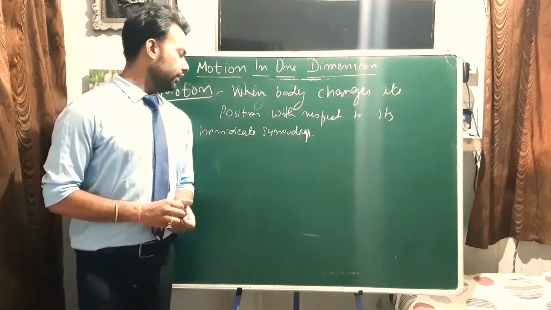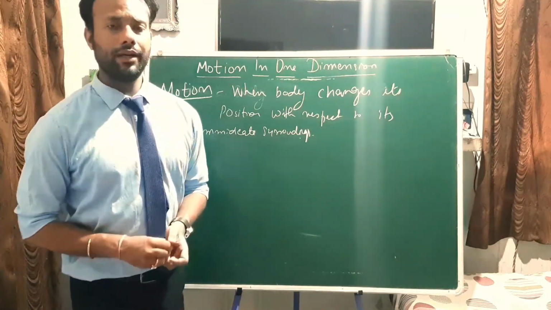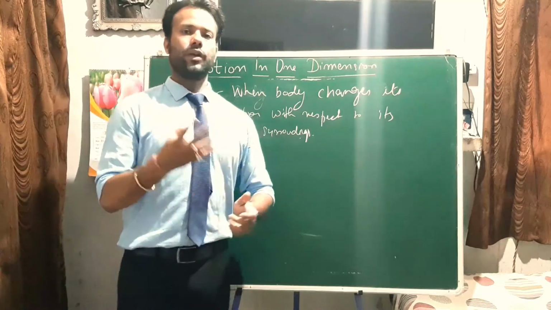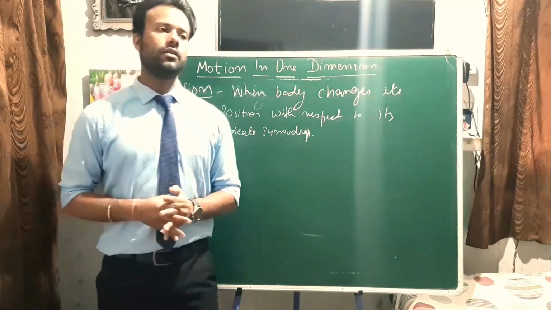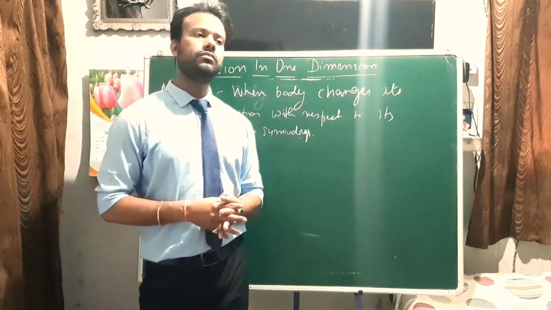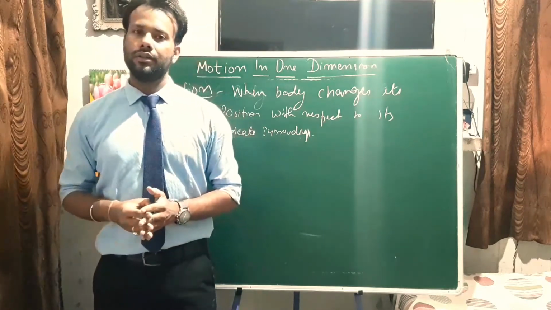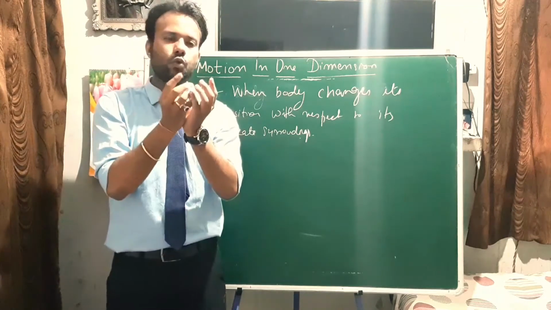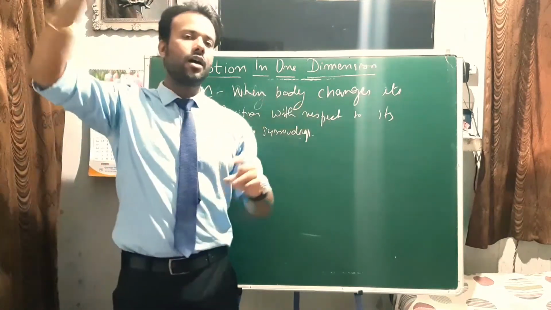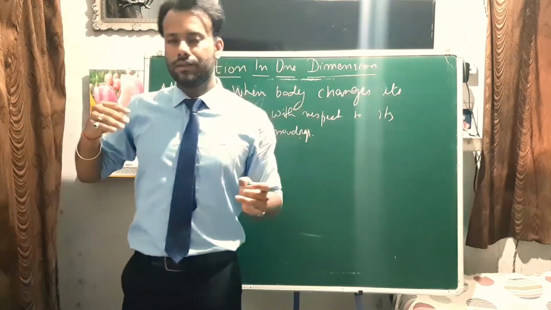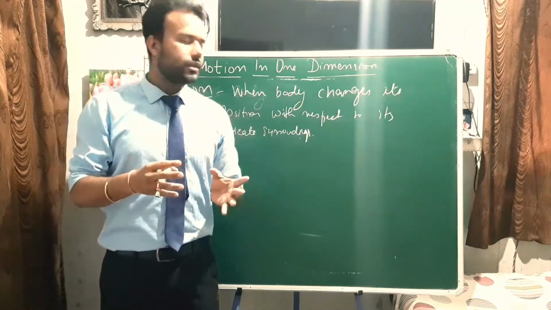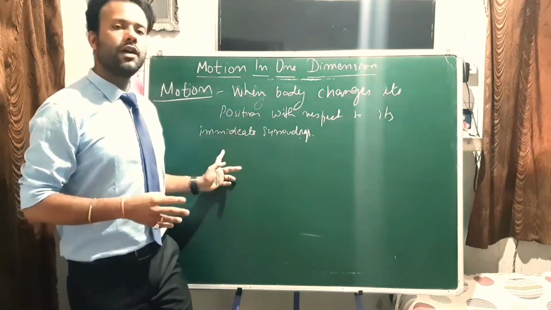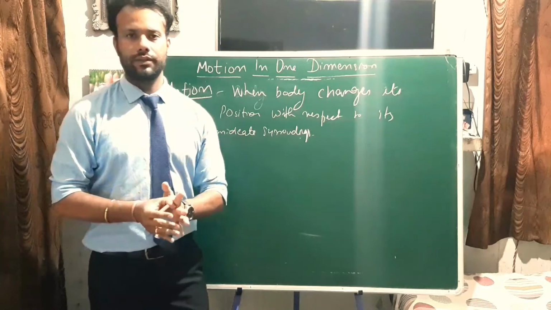See, I have written here immediate. Why immediate? Because suppose you are moving and with respect to the distant star, you will be regarded as stationary, because there is too much distance between that distant star and you. So that is why we are just observing this with respect to our immediate surroundings.